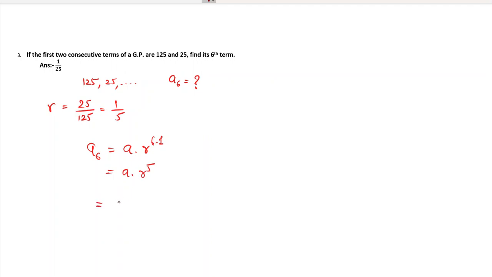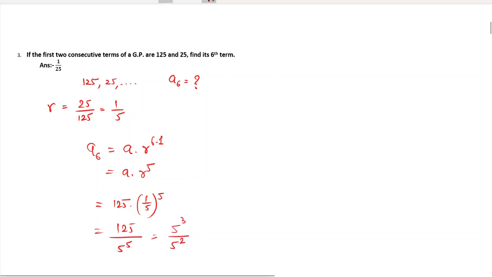What is the first term? 125. What is r, the common ratio? 1 by 5, the whole raised to 5. So this will become 125 upon 5 raised to 5. Now what is 125? 125 is 5 cube upon 5 raised to 5.